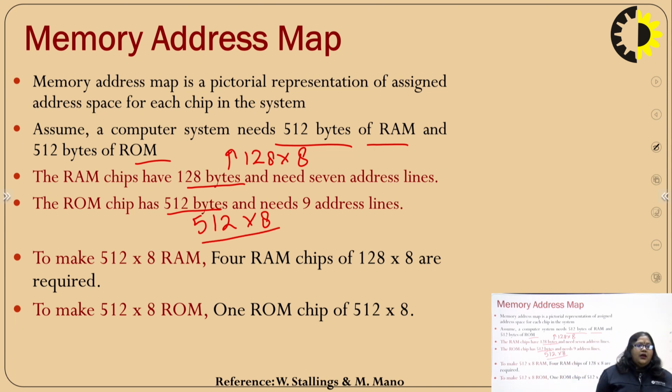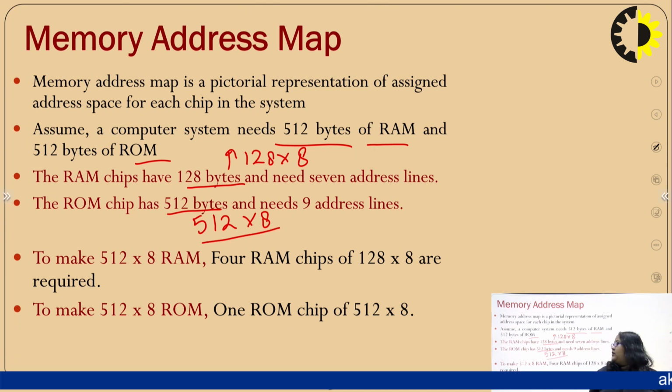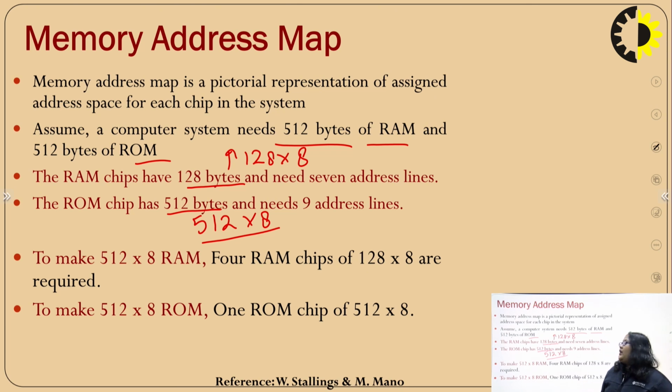This is the actual chip size of RAM and ROM, but the computer system needs 512 bytes of RAM and 512 bytes of ROM. So how do we do this, and how many RAM and ROM chips are required for this design? This is the basic question.